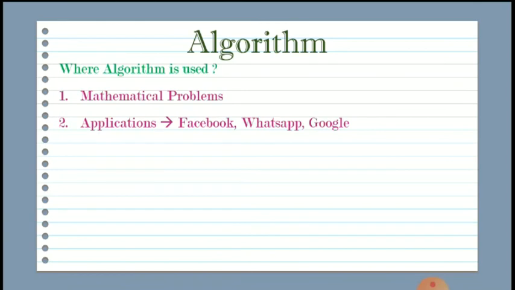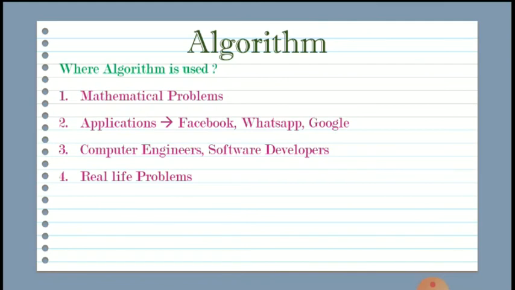All the features available in these applications work according to the algorithm. Third one, computer engineers and software developers use algorithm techniques because it saves time and also effort to solve the problem.